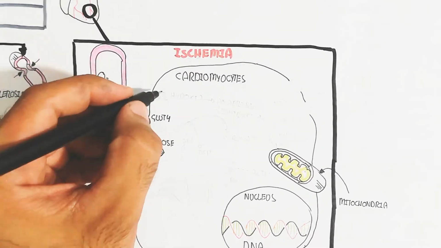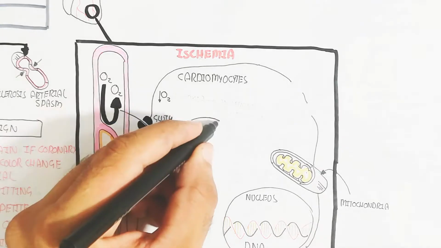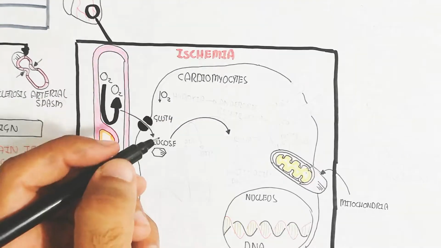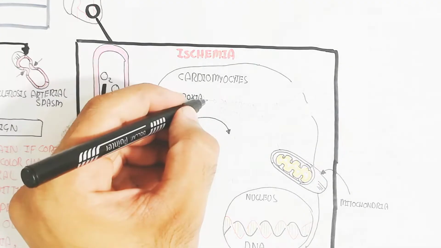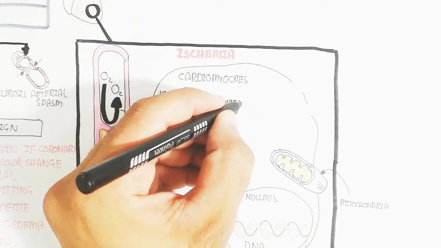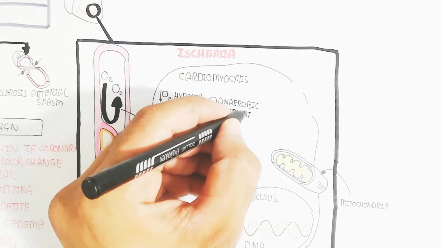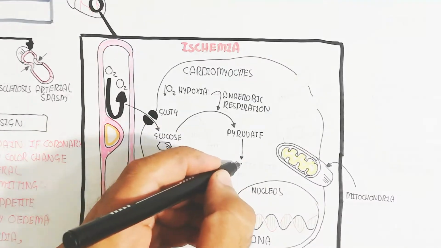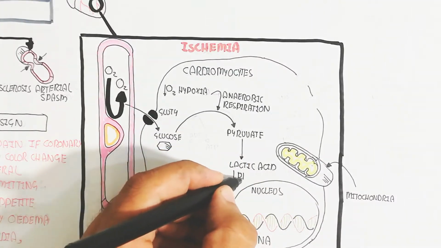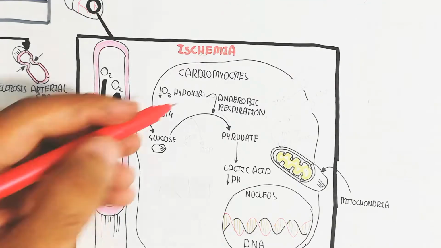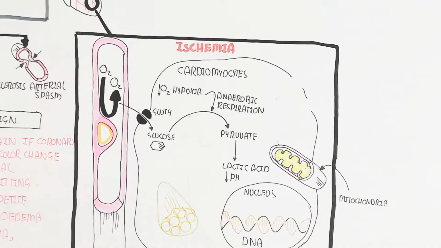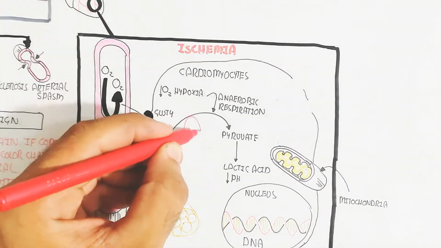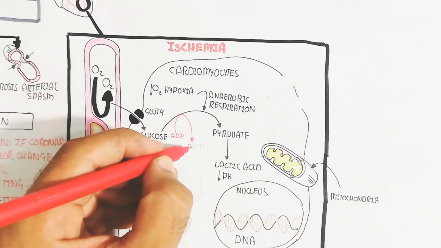So we are understanding the cardiomyocyte. In the absence of oxygen, the hypoxia will lead to anaerobic respiration to produce pyruvate, and pyruvate will not go into the mitochondria for production of more ATP through the Krebs cycle as well as the electron transport chain. So the lactic acid will increase, leading to a decrease in pH, meaning more acidic.